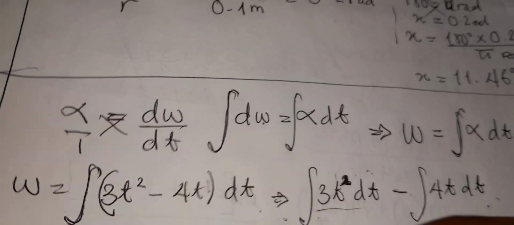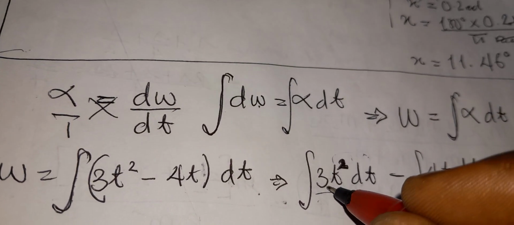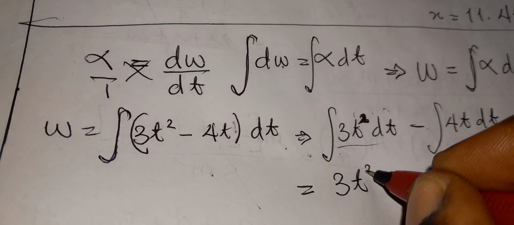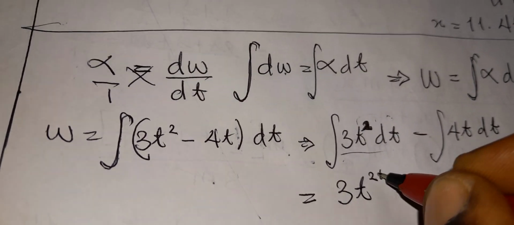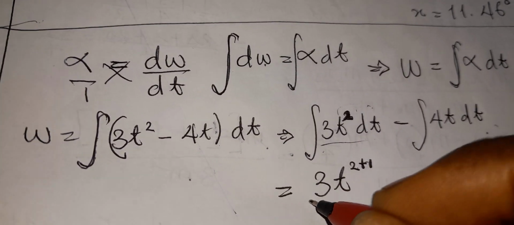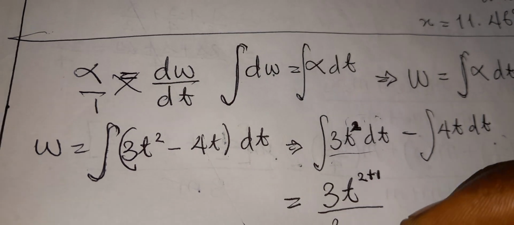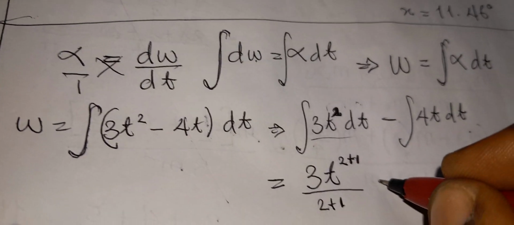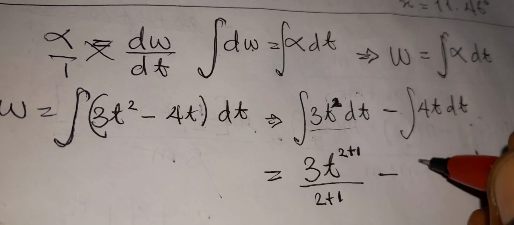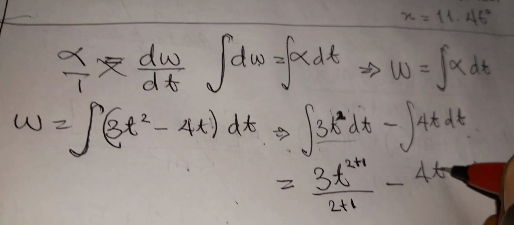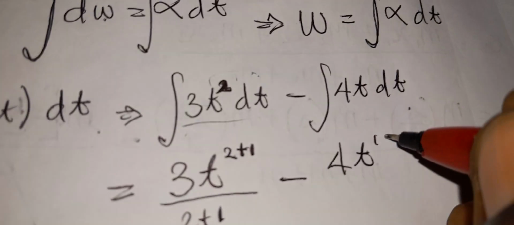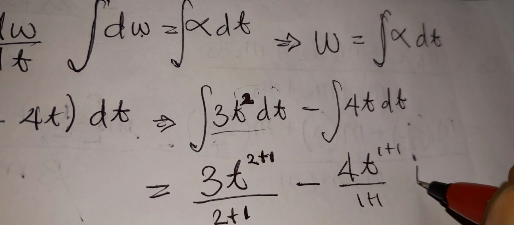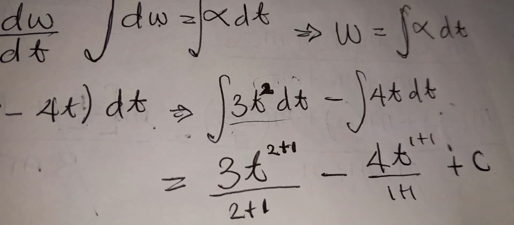So if I want to integrate 3t squared, I write 3, follow me, t to the power 2 plus 1 over the value here, 2 plus 1, minus, let's do the same thing here, 4t, the power here is 1 plus 1 over 1 plus 1, and we always have a constant c.